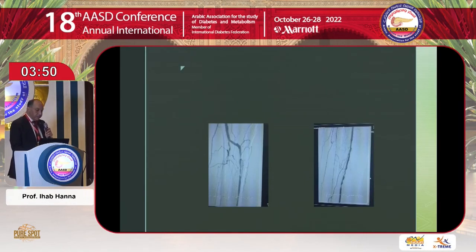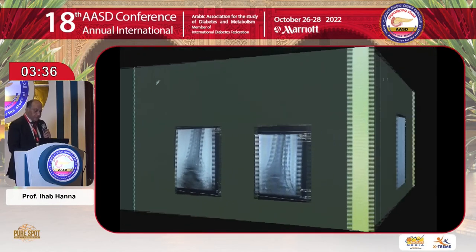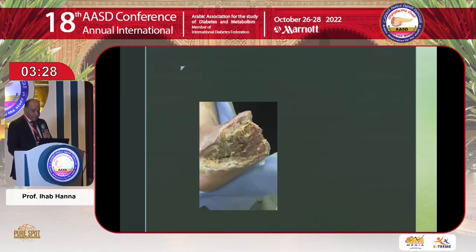That's the anterior tibial artery, no peroneal artery, and no posterior tibial artery.